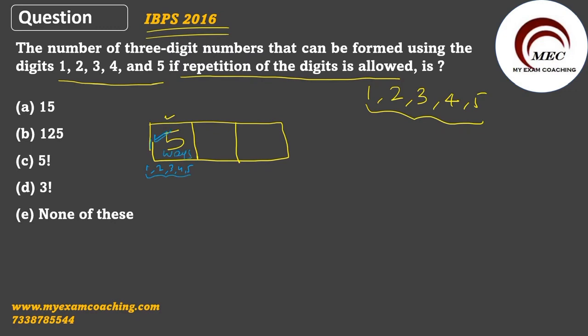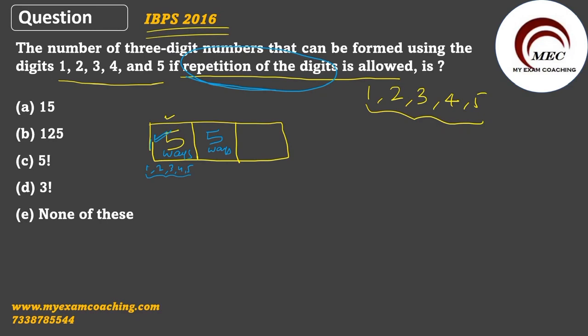Second point is, repetition is allowed. Repetition allowed means the same number I can take again here. Again I can take 5 different ways in the second column also. If the repetition is not allowed, then I can take only 4 in this column.